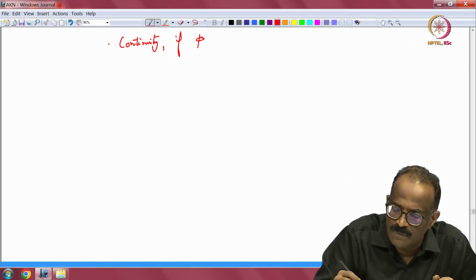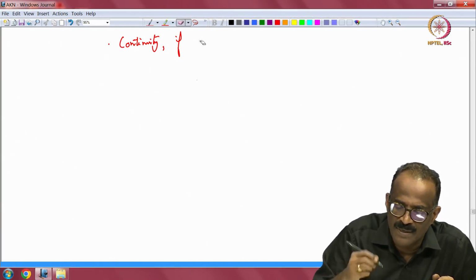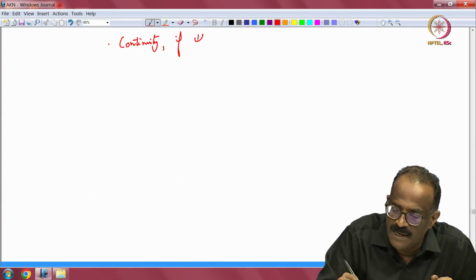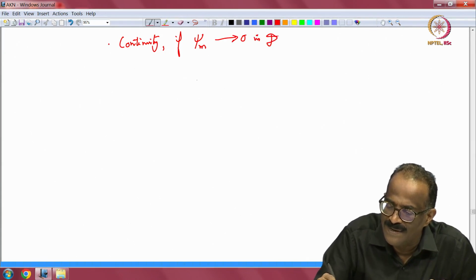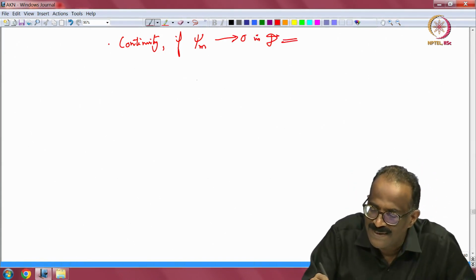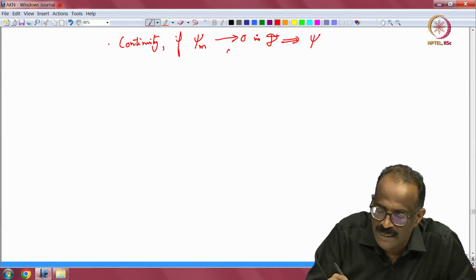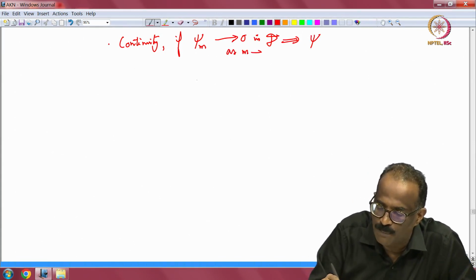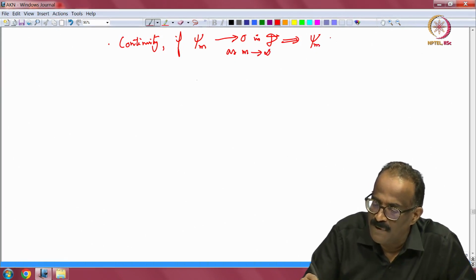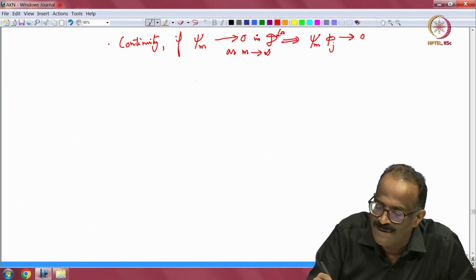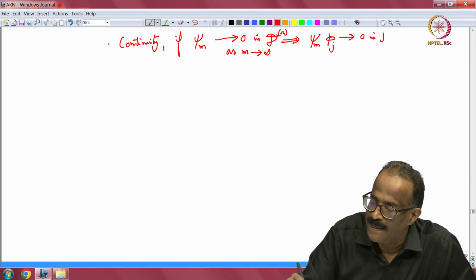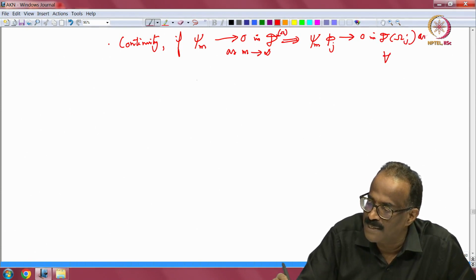If psi m goes to 0 in D as m tends to infinity, write down your index properly, then psi m phi j converges to 0 in D of omega j for all j, as m tends to infinity.